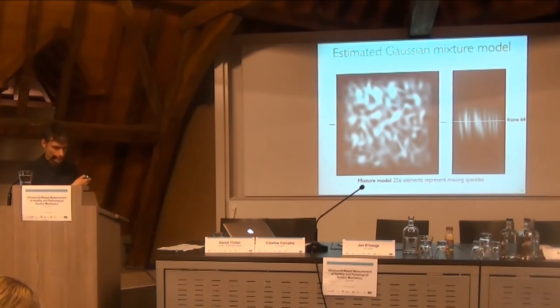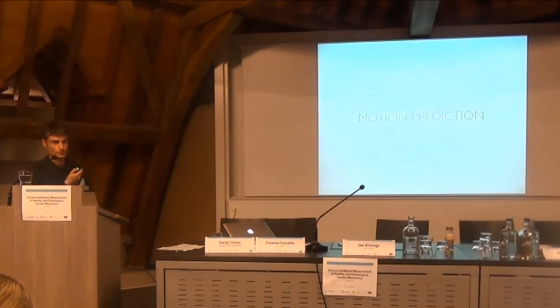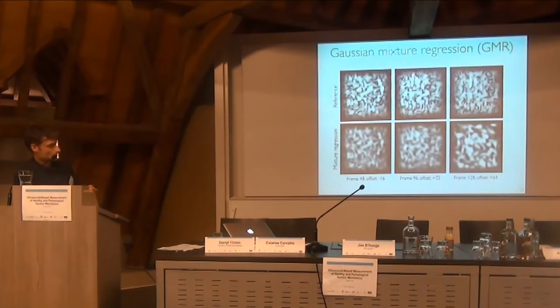So what I want to do now is a prediction of the motion using this joint-based intensity representation. And for this, you can use Gaussian mixture regression, a statistical technique. And this is how it looks. For example, I have here a reference frame, and this is the prediction for an offset of 16 frames, so it looks like this, a pretty good match with the reference data.